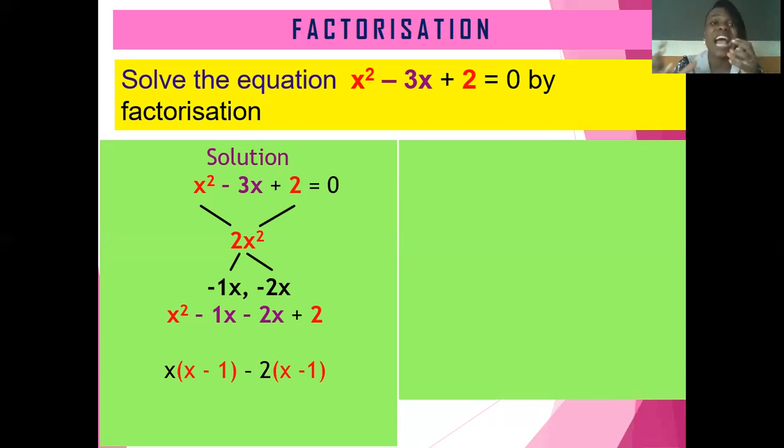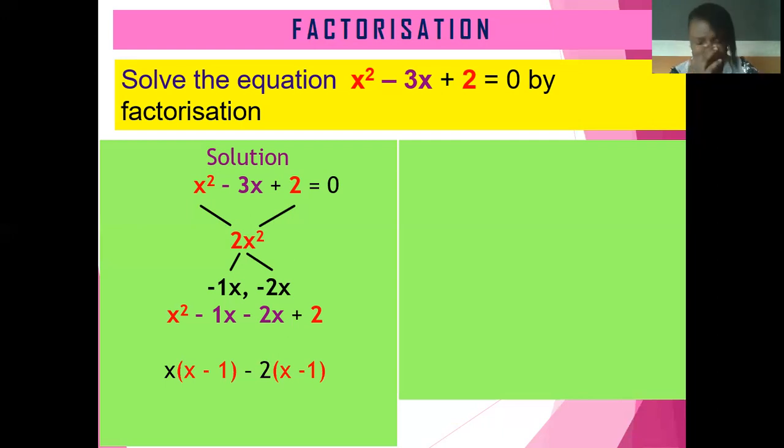Just remember that if you're factorizing with a minus, you need to change whatever sign is there to the other sign. If you have plus, change to minus. If you have minus, change to plus. Okay, so we have x into x minus 1 minus 2 into x minus 1.